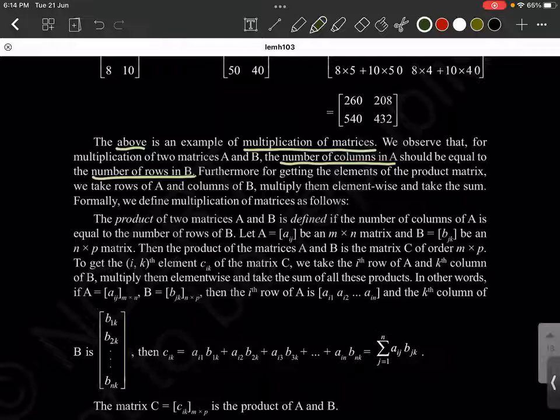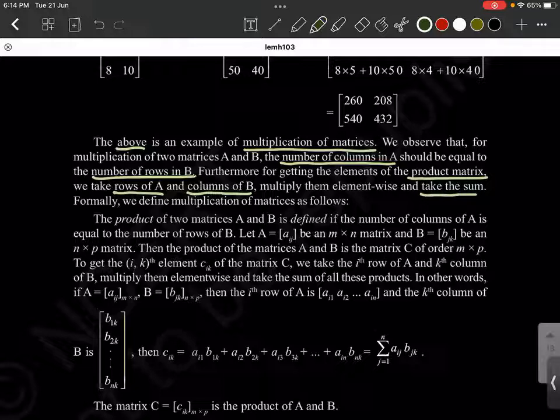Okay. Then how to perform the operation? For getting elements of the product matrix, we take rows of A and columns of B, multiply them accordingly and take the sum of them.